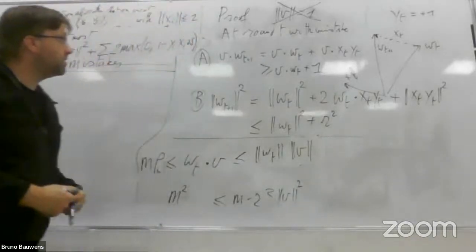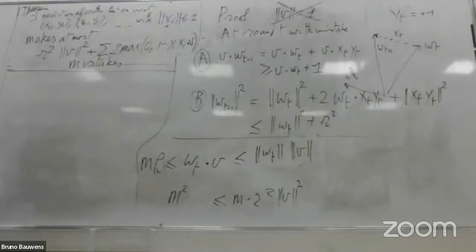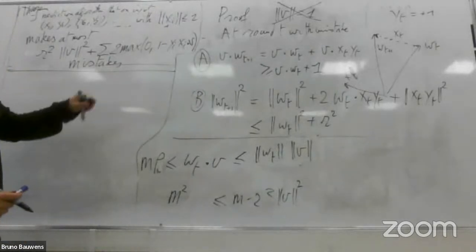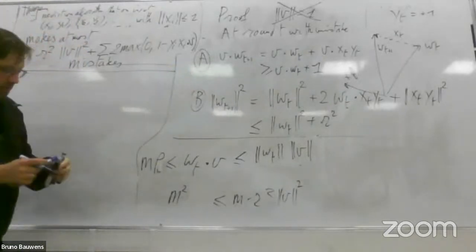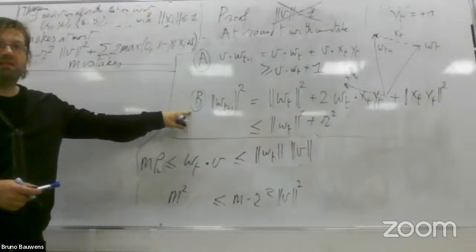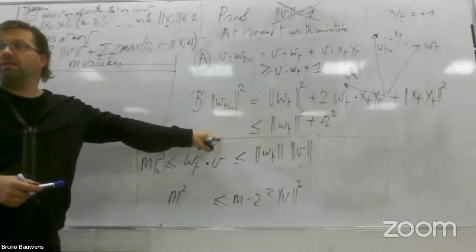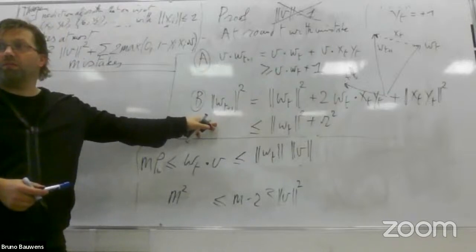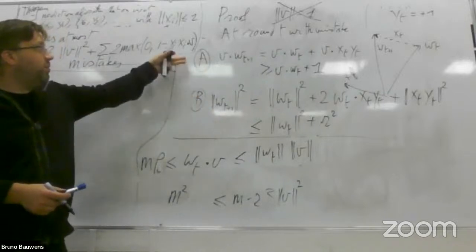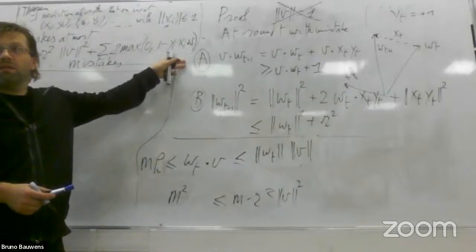So there are 2 minutes left. And maybe we can even do it, if I remember it. Okay, so B doesn't change. Nothing changes here, because we didn't use any assumption about V for B. But for A, we need to change something.